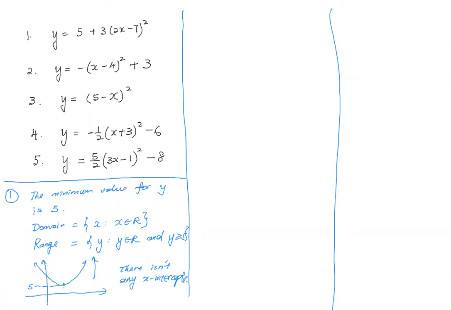Right? Okay, that is how we look at it. Okay, how about number 2? And how do you know that is a minimum value? It is because a is equal to 3, which is greater than 0. The shape of the graph is like that. Okay, how about number 2?